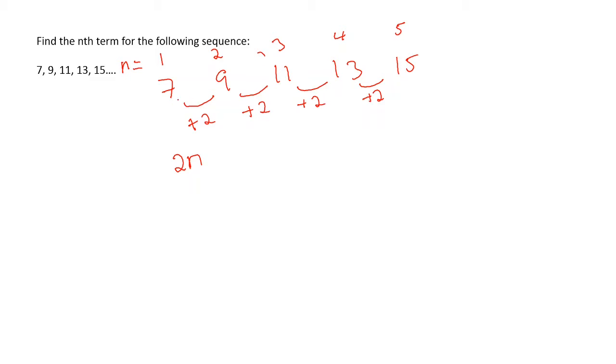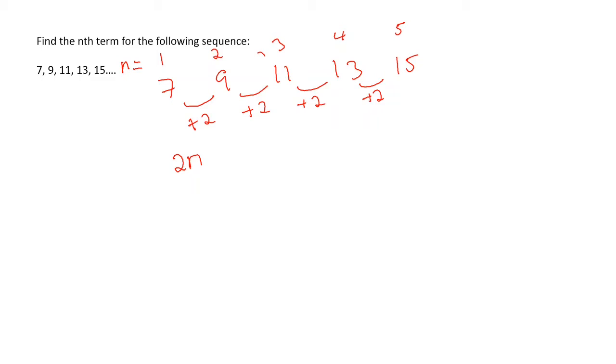So how do we go about this? Going back, we find out we have a difference of 2 between each of the numbers. And we just put it in front of the n. We're saying I'm going to multiply that by n. Well, let's take a look what's actually happening. If I multiply 2 by 1, I get 2. How do I get from 2 to 7? I add 5.